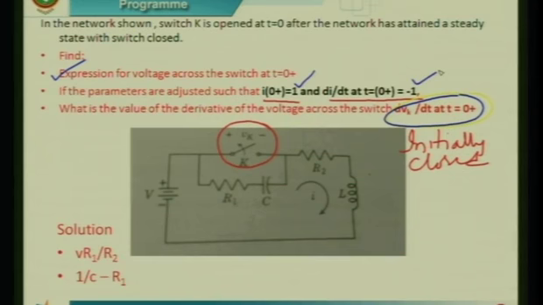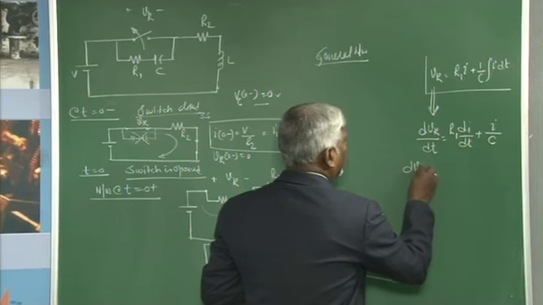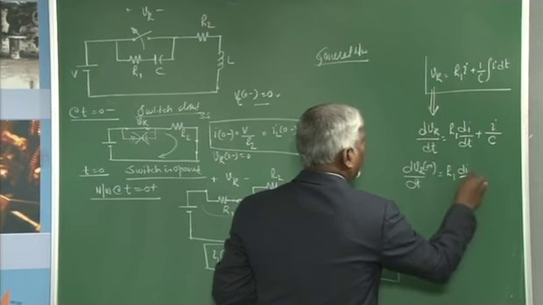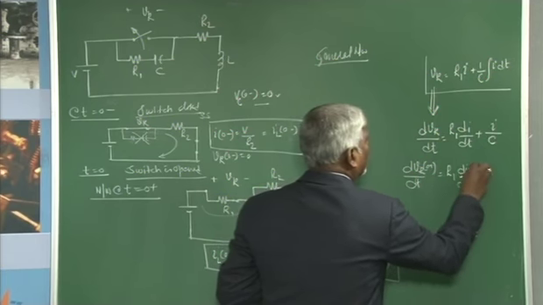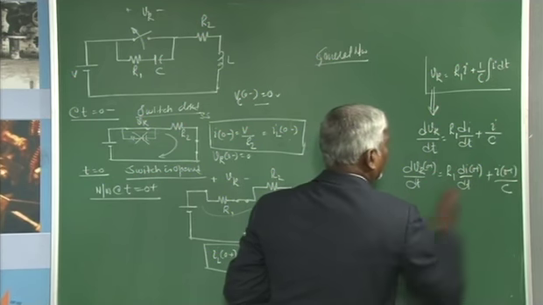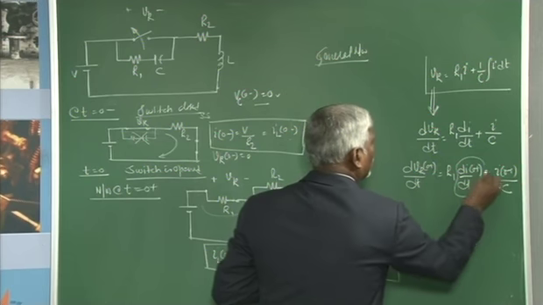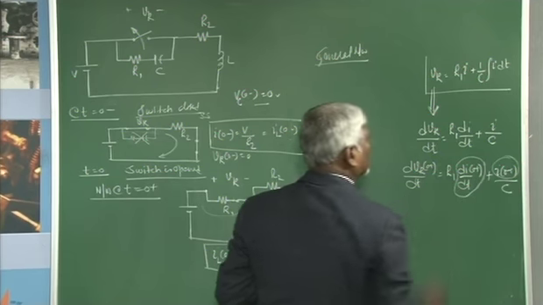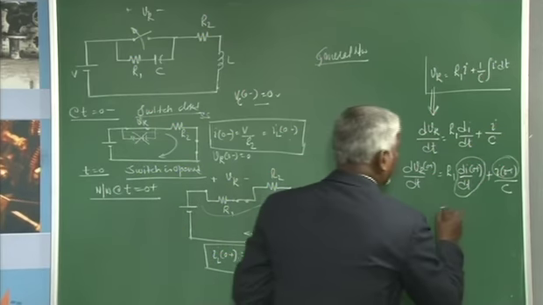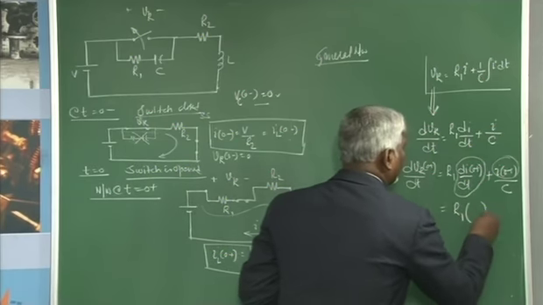So, the derivative of the voltage across the switch, dVk by dt at 0 plus, is R1 di by dt at 0 plus plus I at 0 plus by C. He has given these values.